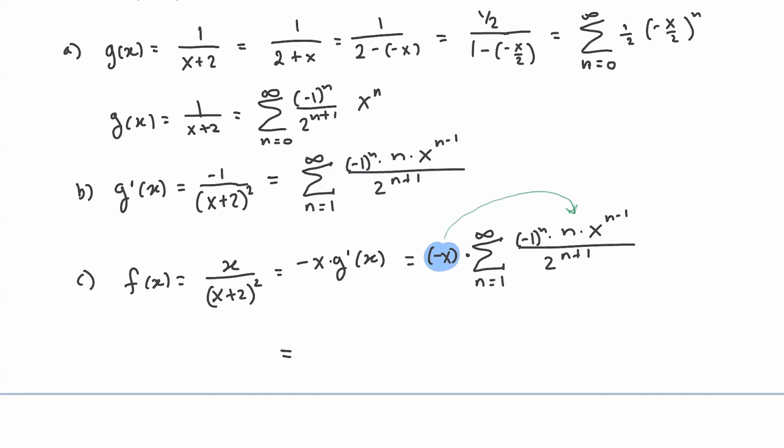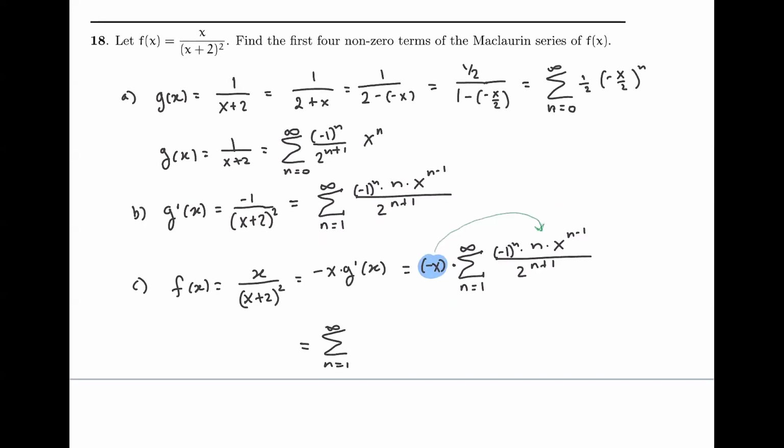We end up with the sum that starts from n equals 1 to infinity, so we don't have to change the exponent. If I wanted this series to start at 0, I could have shifted the indices and then it would have looked different. But naturally it starts at 1, because when I take the derivative of a power series, I have to be careful with the exponents for x right here.